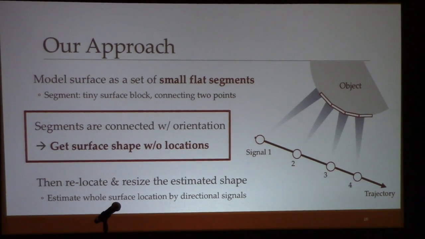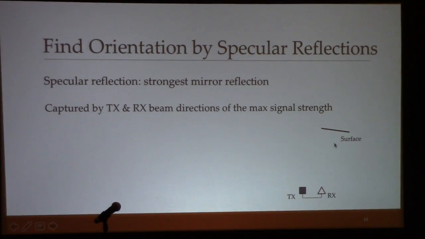So how can we derive the orientation with just the signal strength and beam directions? We did this by finding the specular reflections. The specular reflection is the strongest mirror reflection from the surface. To capture this, the transmitter and receiver will rotate their beams to record signal strength, like the beam alignment process.